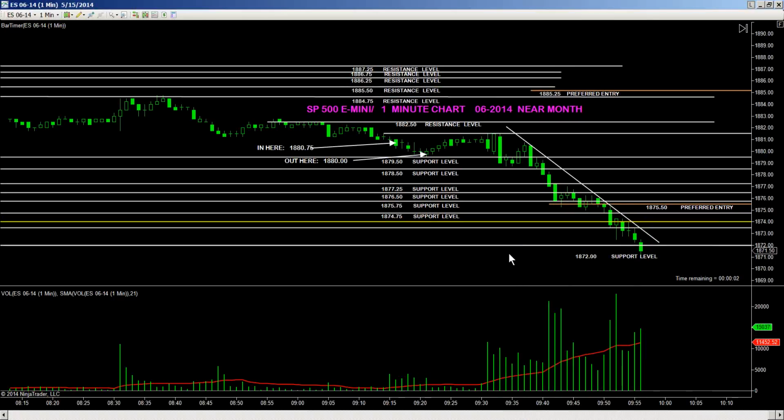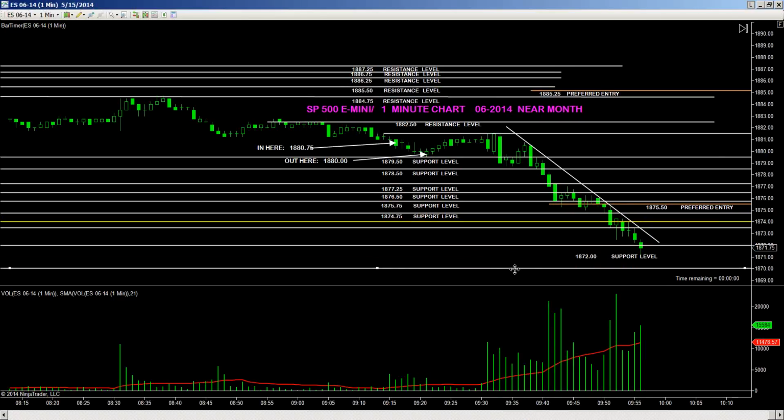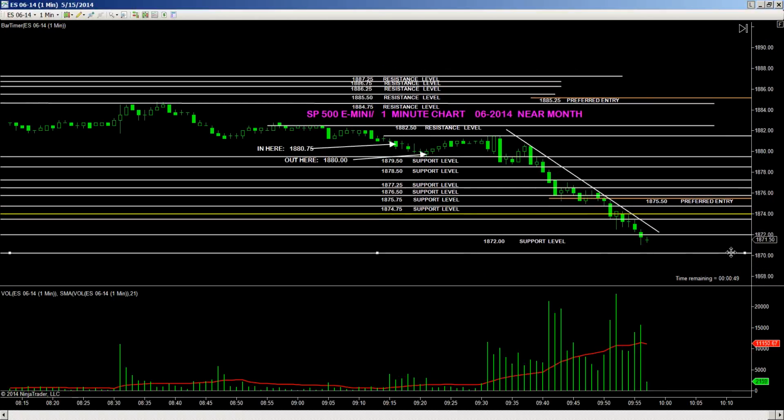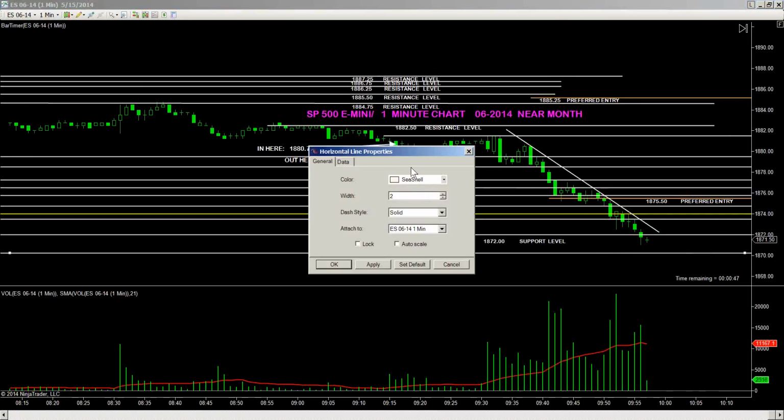Brad, what's the next price profit target to the downside in the 15-minute chart? On the 15-minute chart, 1871, which has been hit. Below that, I have the 1870.25 daily level. Here we go. 1871.25 on the Fibonacci's.